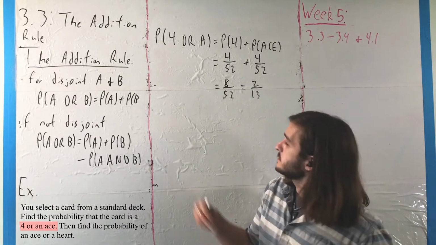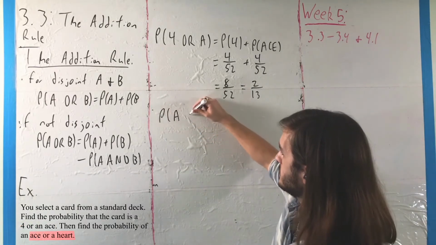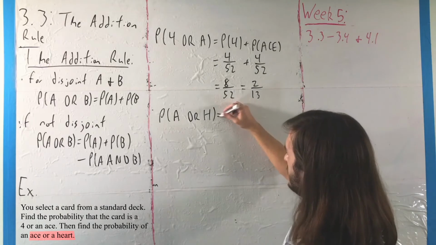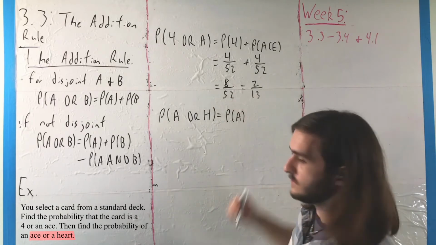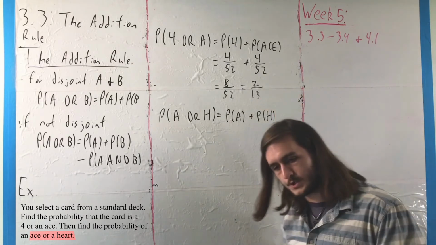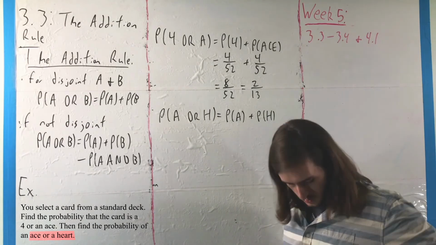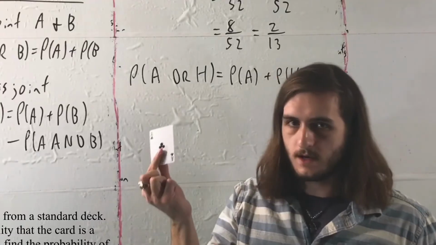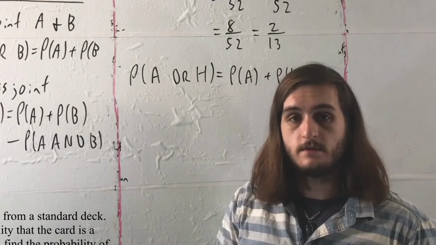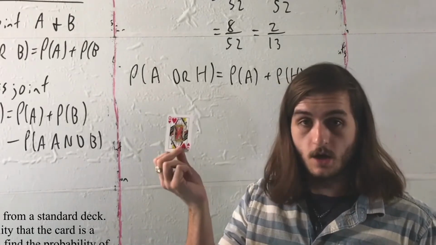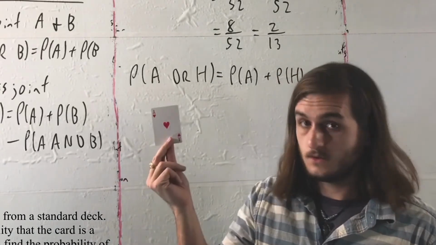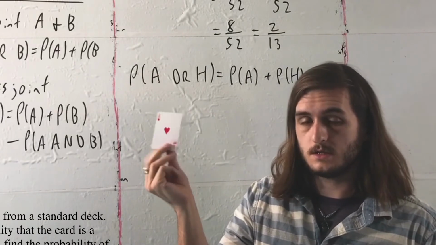On the other hand, for that second case, where we want the probability of an ace or a heart, what we should understand here is that in our deck, we've got the probability of getting aces, it's pretty straightforward, and we've got the probability of getting hearts, that's also pretty straightforward. But thinking about our cards, yes, we've got aces that are just aces, and in here we've got hearts that are just hearts for our one drawing, but the problem arises when you have to remember, we also have the ace of hearts in here to consider.